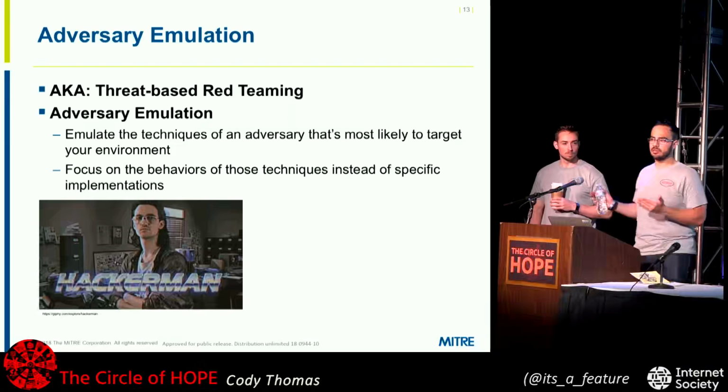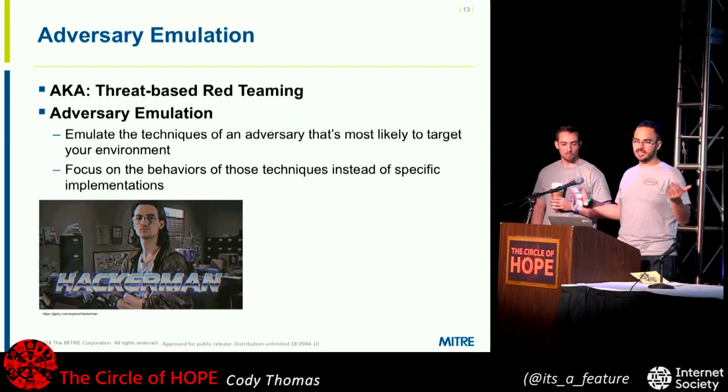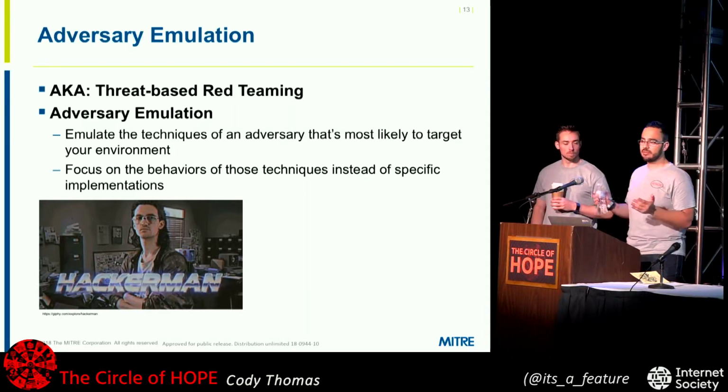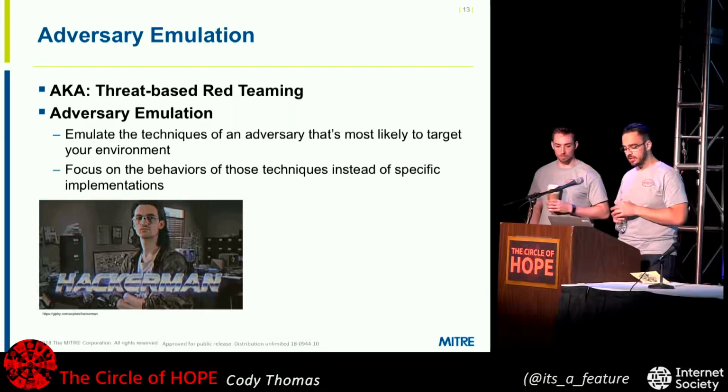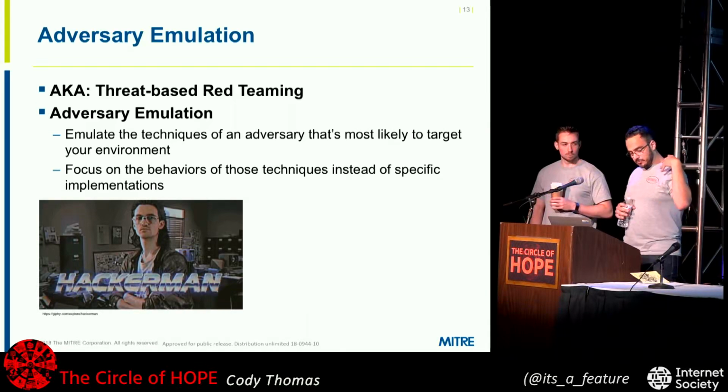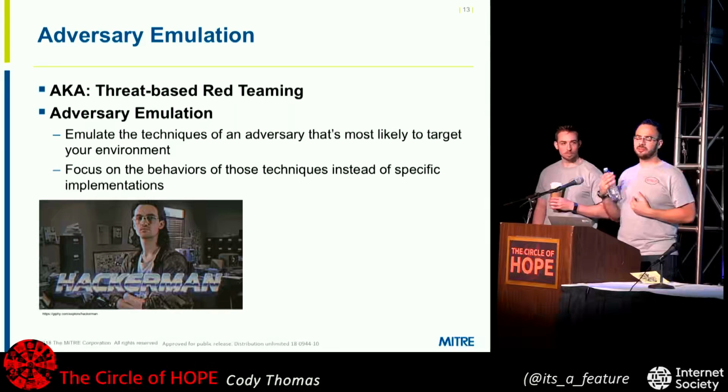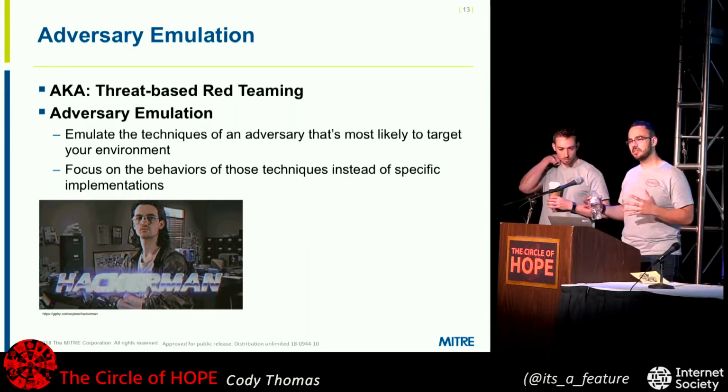Because not everyone's final objective is to get domain admin. They could be there just to steal data, for example, or just persist and wait until something happens at a later time.